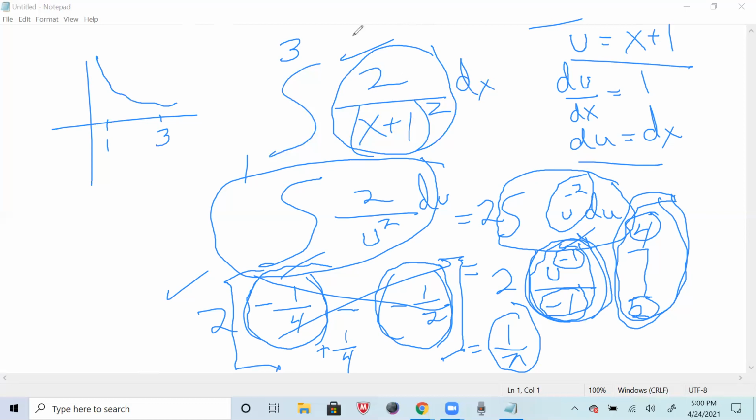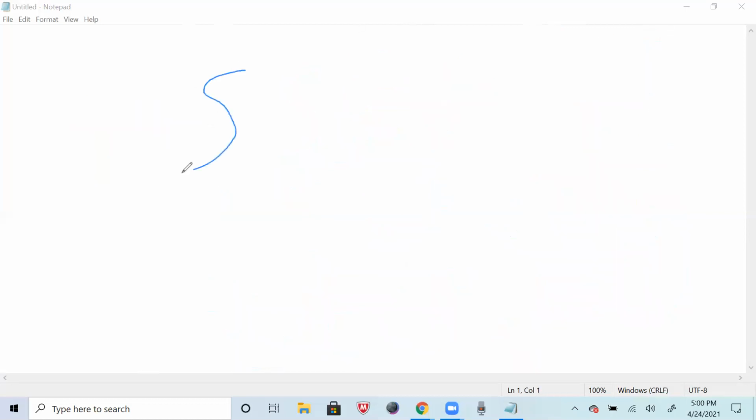And there's another one that is really quite cool. See if I can remember how to do this one. This also requires U-substitution. It's called change of variable.